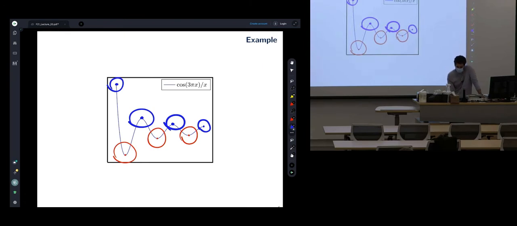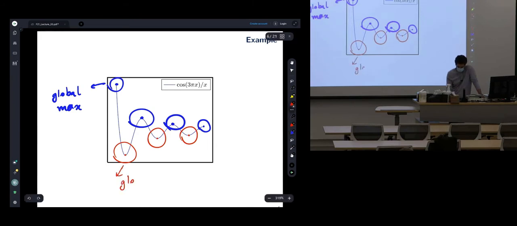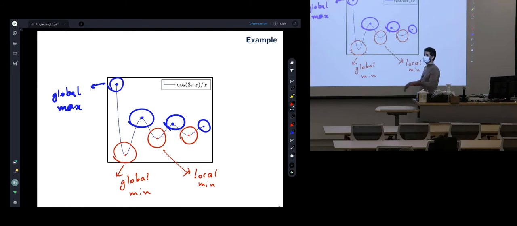And in fact, the global maximum is here. This is a global maximum. And this is your global minimum. And this is your local minimum. So you can have many local minima.